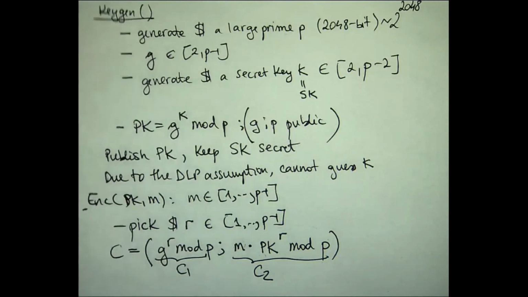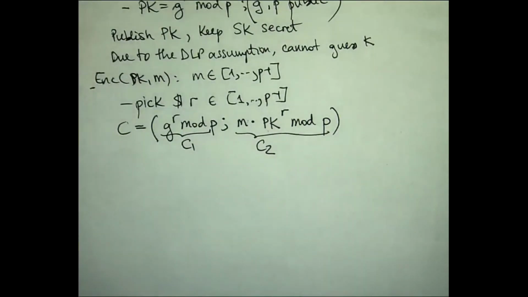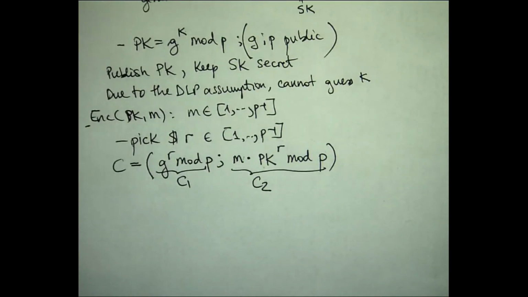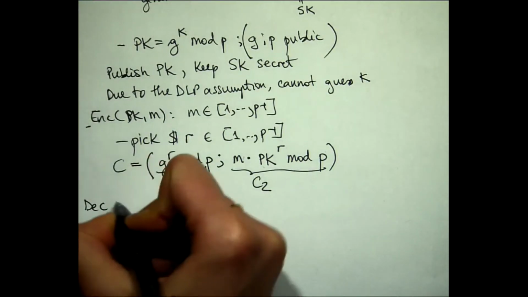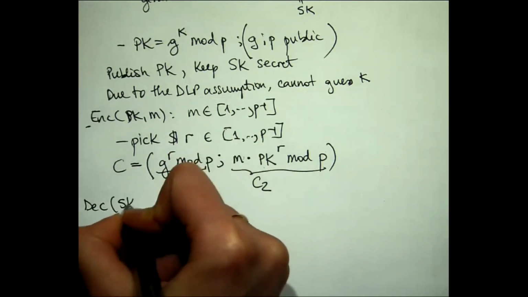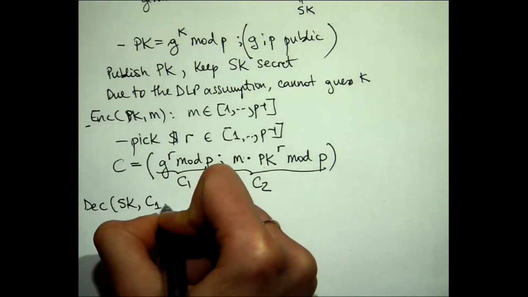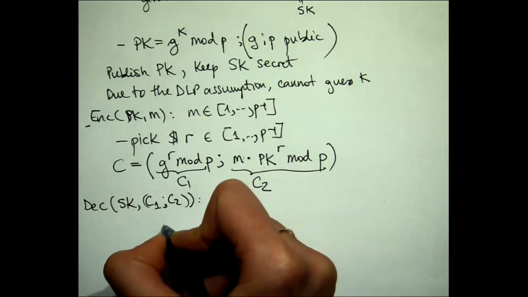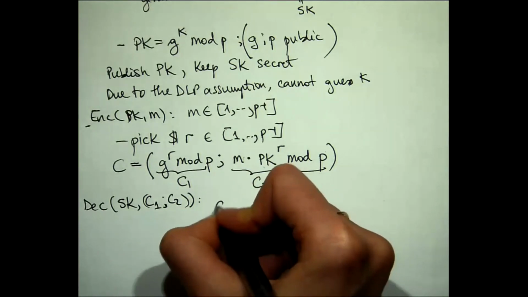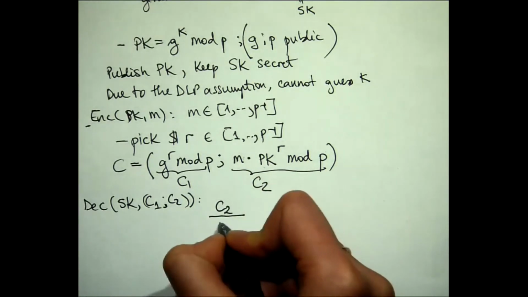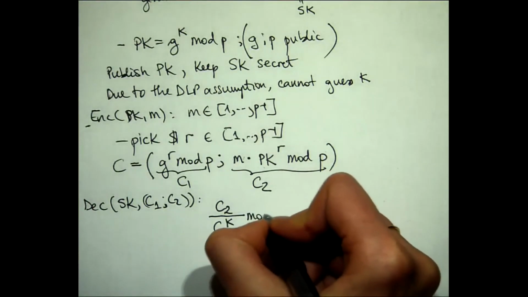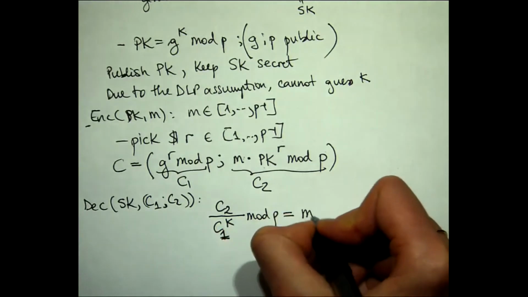So let's write that out. Great. So we have all we need here. So the decryption with the secret key of the ciphertext that consists of C1 and C2 is the following. I'm going to argue that you take C2 and you divide it by C1 to the power of k, everything, of course, modulo p, and I'm going to argue that you're going to get the message back.